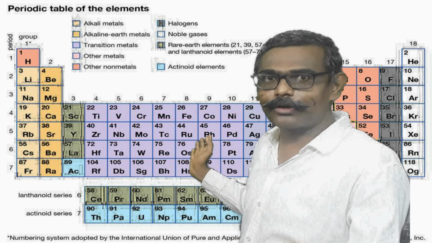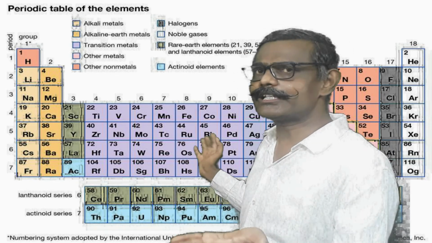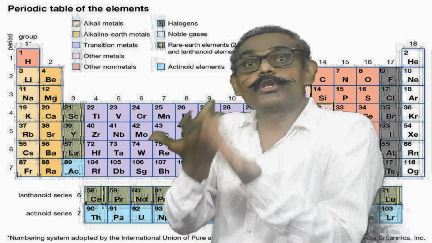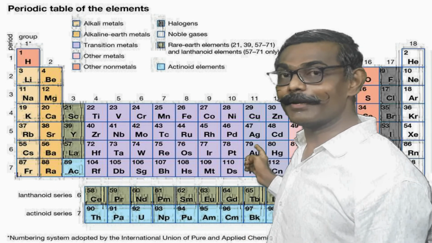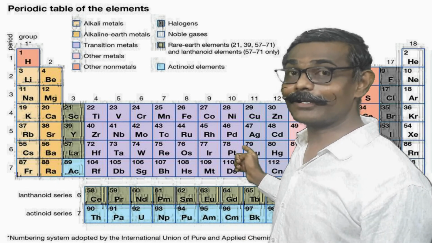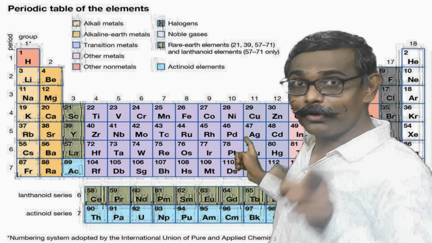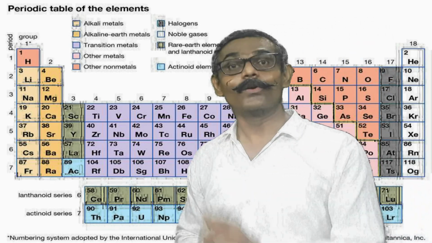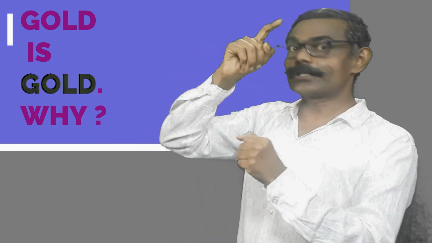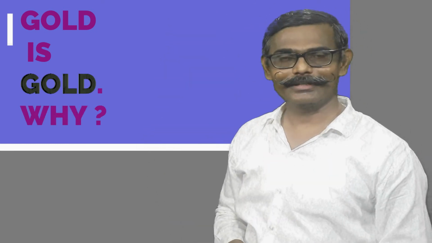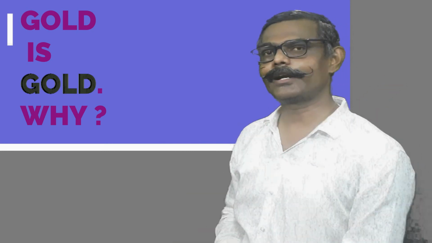They should give the electron, but the tendency to give the electron is less because size is smaller and the nucleus is more powerful. Therefore, if you see the element here with atomic number 79, what is that? Gold. Gold is gold because of lanthanoid contraction. Gold is valuable because it is not reacting. It is not reacting because there is a hold of the nucleus on the outermost electrons. Okay, it is an additional point that I told to you.